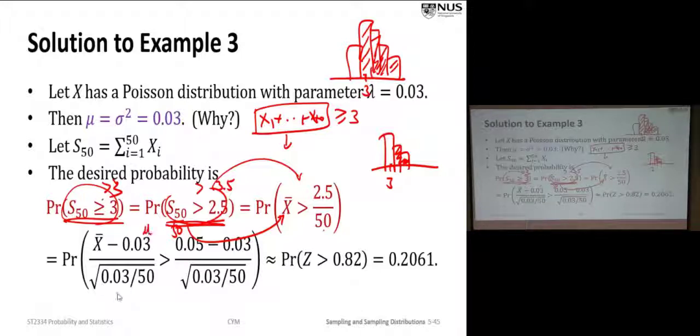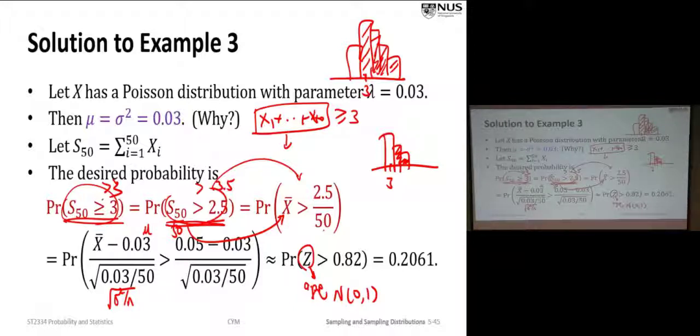So I standardize it. Now I call this Z, and Z follows approximately a standard normal with mean 0 and variance 1. All right?